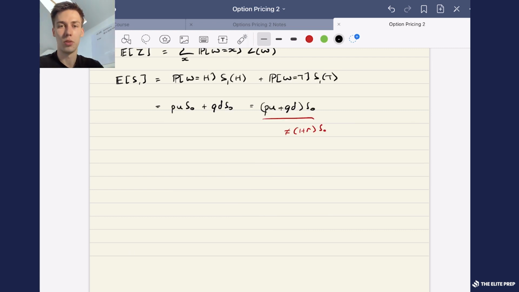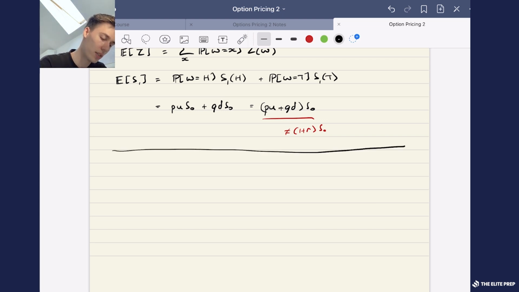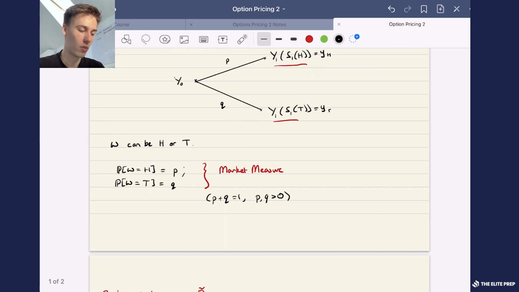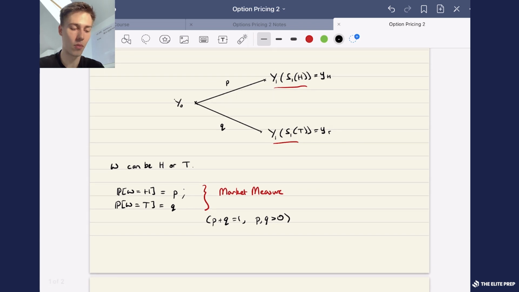So I'm going to do the same approach as was done in the previous video, and write a set of simultaneous equations for Y0. As before, we want to find a trading strategy which replicates the payoff of Y1. Y1 has a payoff of YH when we throw heads, and a payoff of YT when we throw tails.